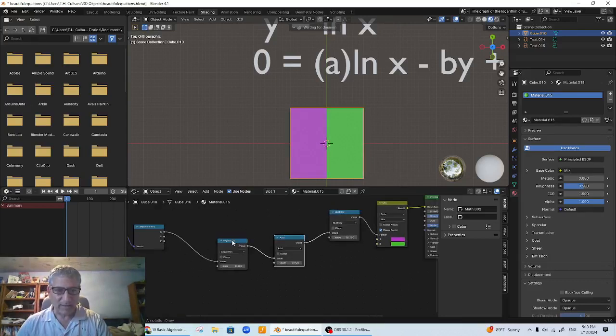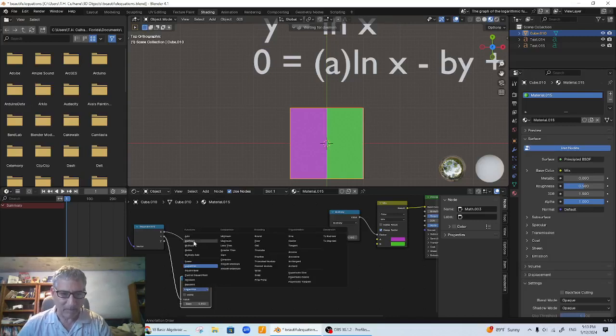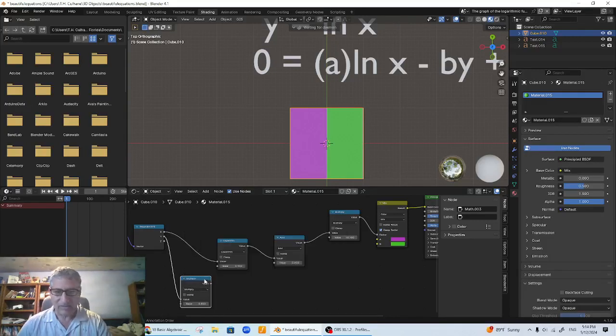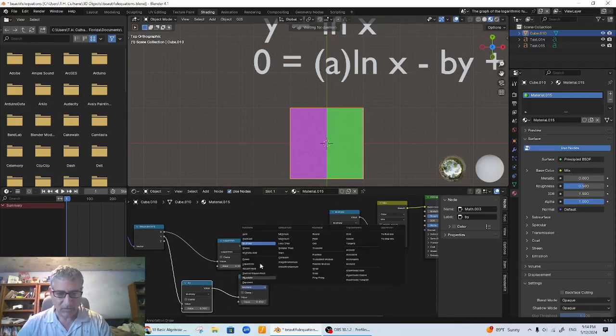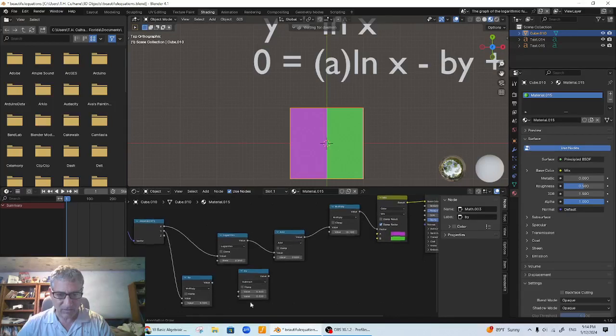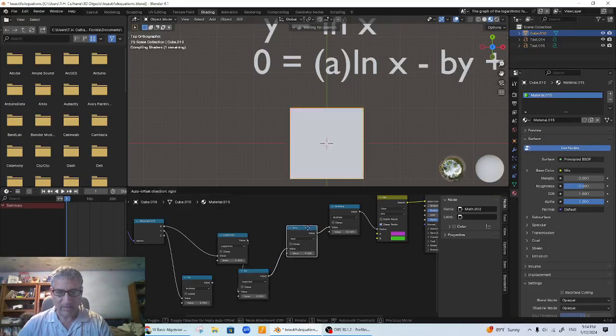We want to put in a math node and put it for the y, bring the y into the value, and this will be our by. So we're going to make this a multiply, and we're going to say to it that this is by, and then we're going to subtract by from the x value, and then we're going to put it into there.